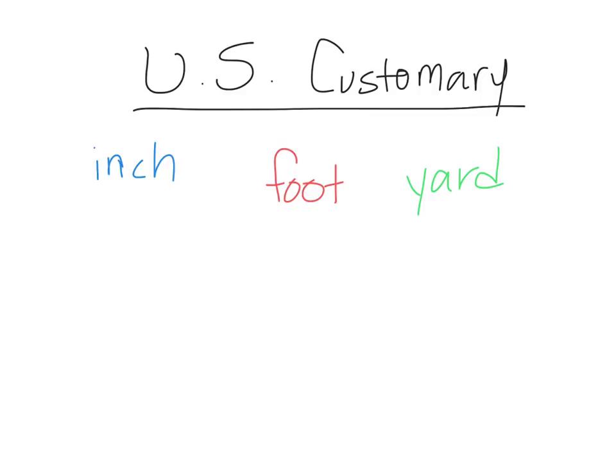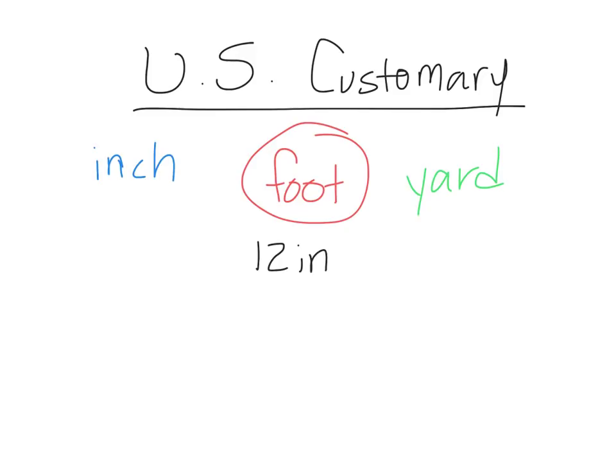Now today, we are going to focus on the foot. Tomorrow, we're going to focus on the inch. But what I want you to understand today is that we can go back and forth between these units if we get enough. So, in a foot, there are 12 inches. So once I get 12 inches, I get a foot. Our ruler, if you look at it, is a foot because there are 12 inches on that ruler.